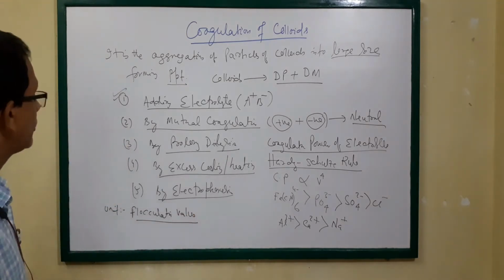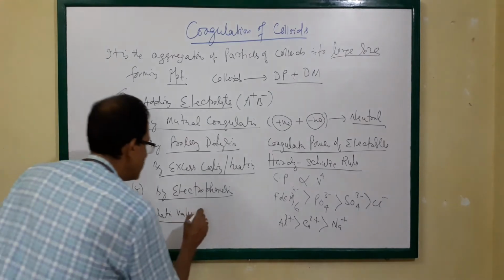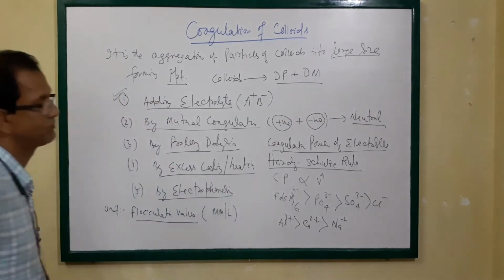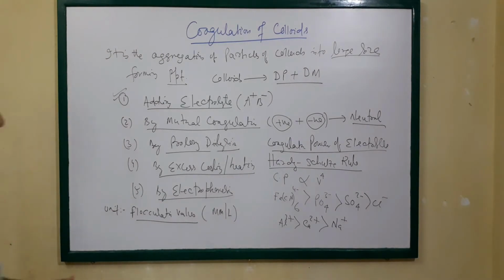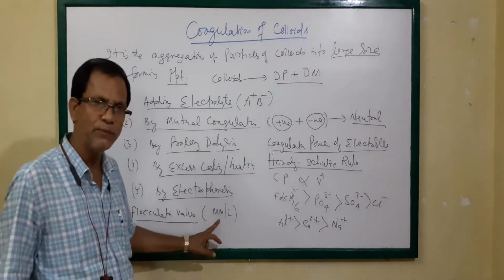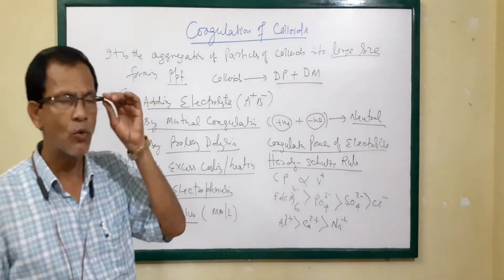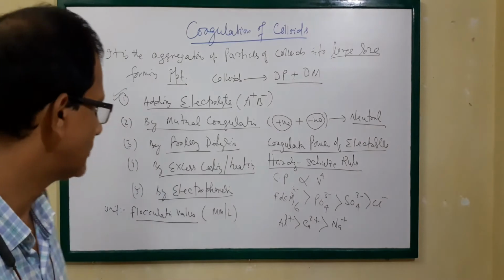Flocculation value is expressed in units of millimoles per liter. That means how many millimoles of electrolyte are required to coagulate 1 liter of colloidal solution.